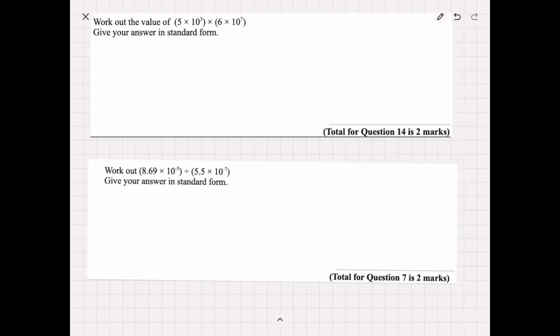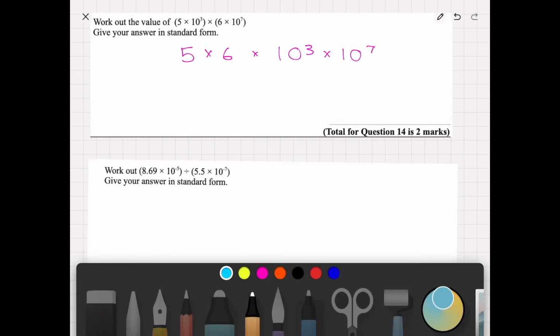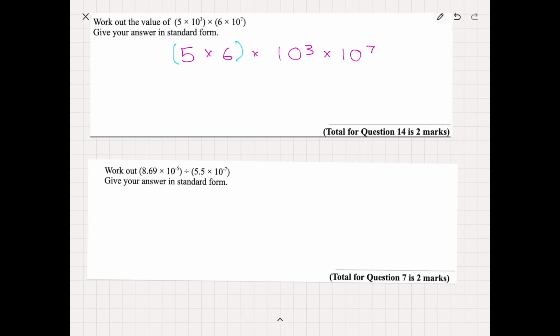So what we can do here is basically group up the A values together. So we'll do just that. And then I'm going to group up all the B values together. So we've got 5 times 6 times 10 to the power of 3 times 10 to the power of 7. And I'm going to put some coloured brackets around them because we are going to keep this nice and clean.